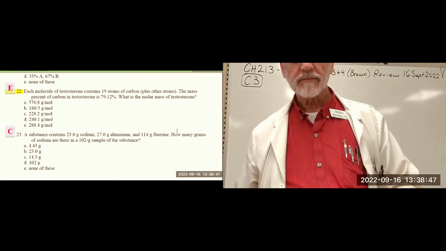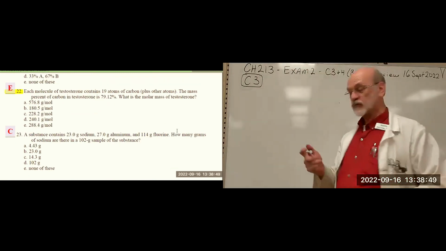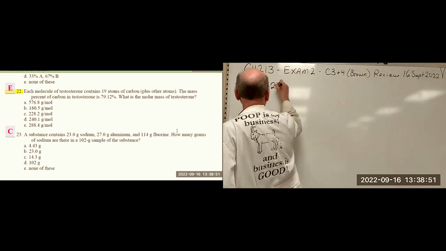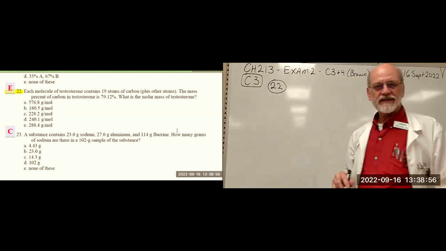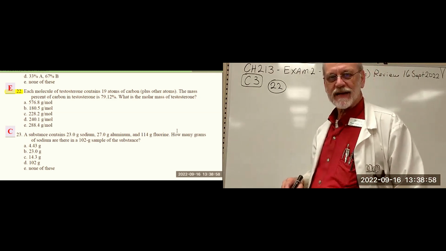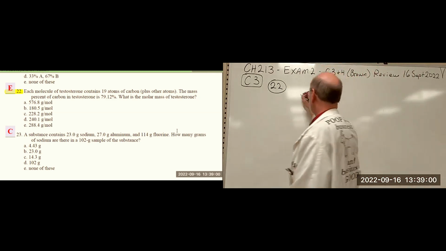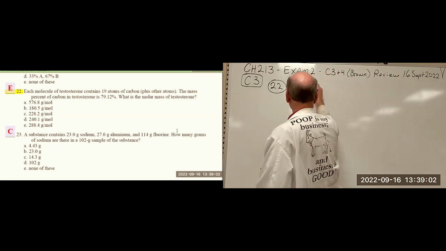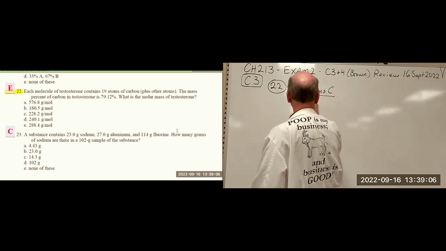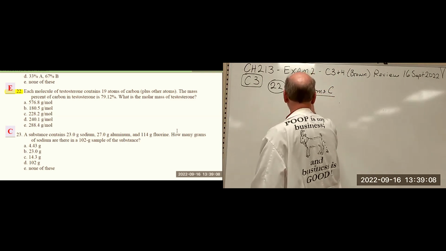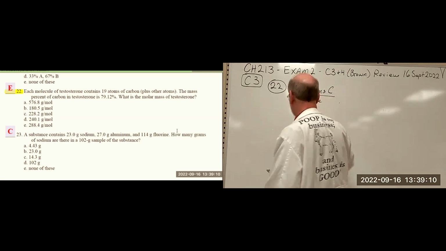This one is challenging. Each molecule of testosterone contains 19 atoms of carbon. 19 atoms of carbon per molecule of testosterone.